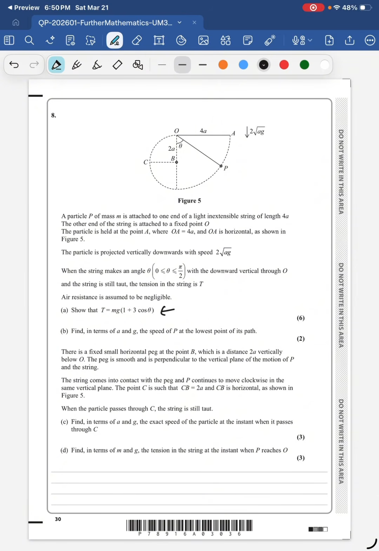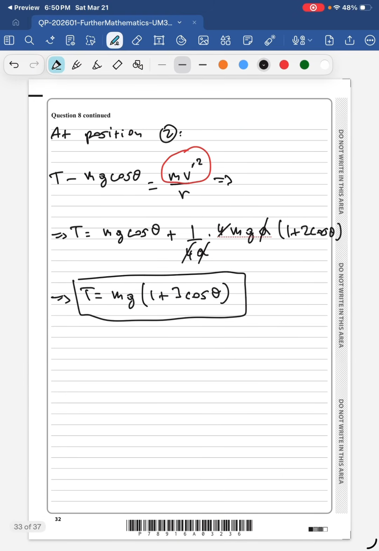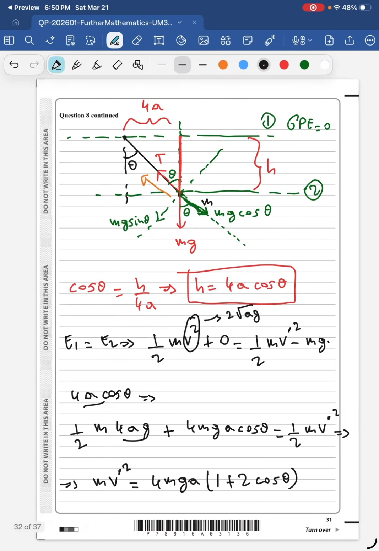Now B, find in terms of a and g the speed of P at the lowest point of its path. So they are asking for the speed of the particle when it reaches the bottom, pretty much. To do that, we can use conservation of energy again. So part B, we have 1/2 mv squared plus 0.